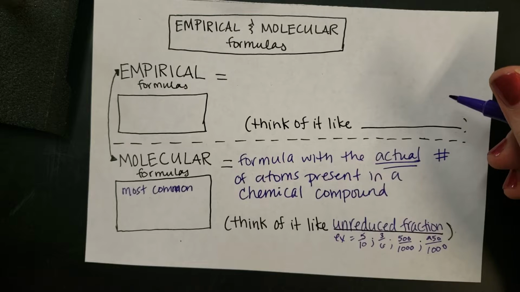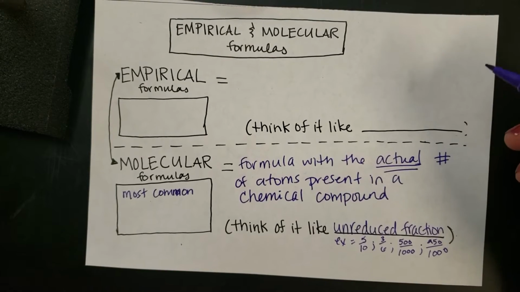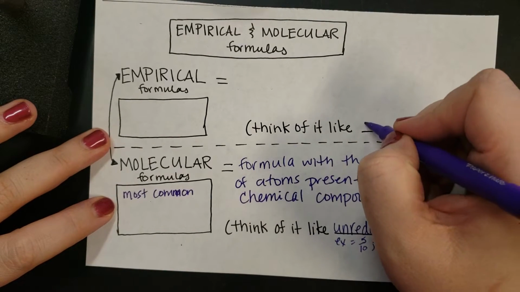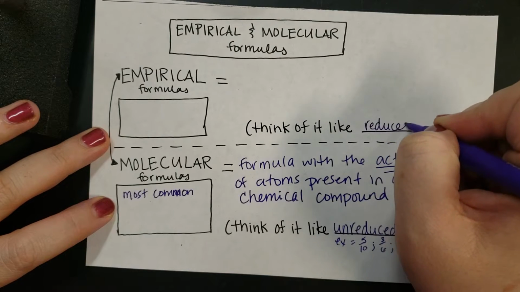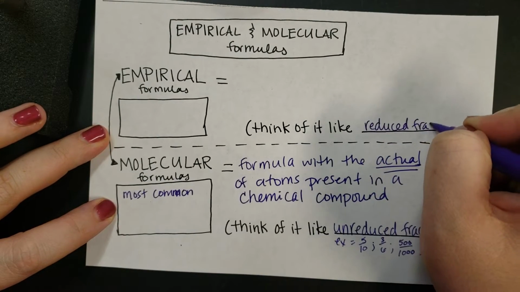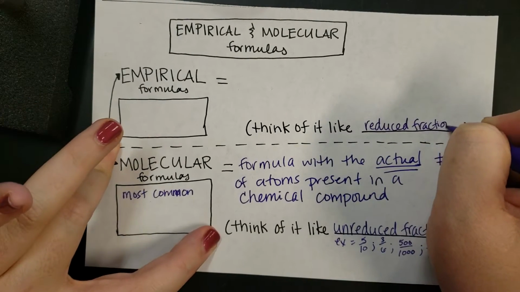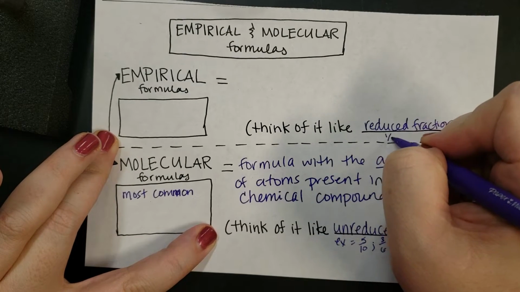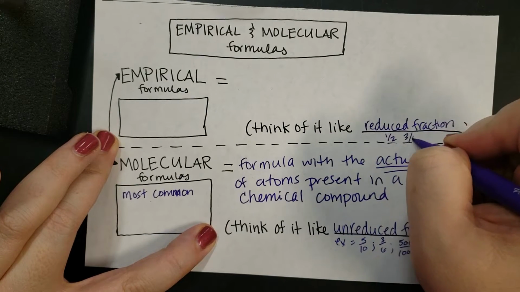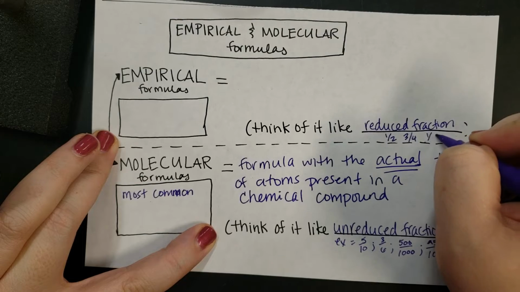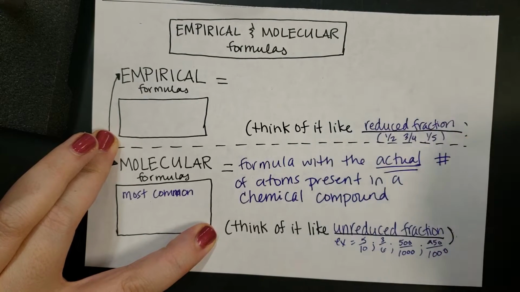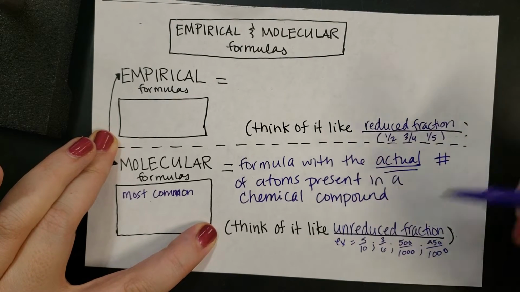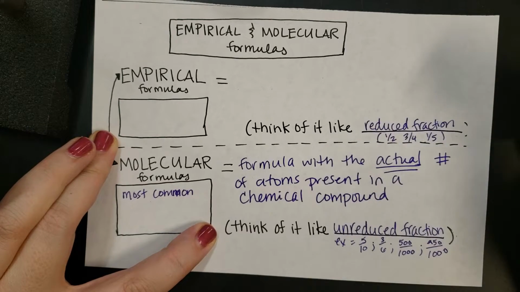Now the empirical formula, you can think of it like the reduced fraction. It cannot get any smaller: 1/2 or 3/4 or 1/5. So if you had 5/10, that would be 1/2.